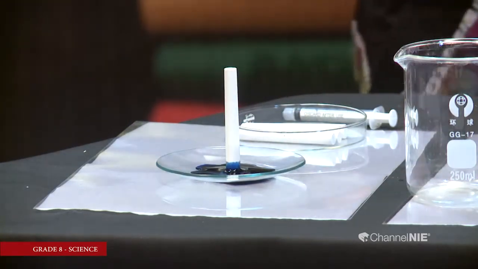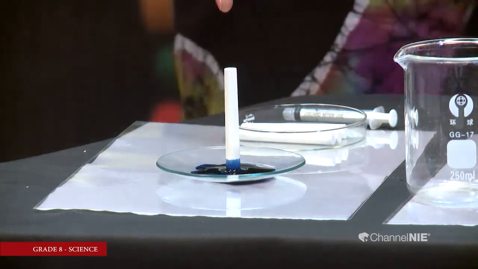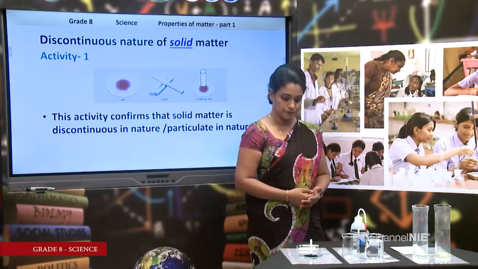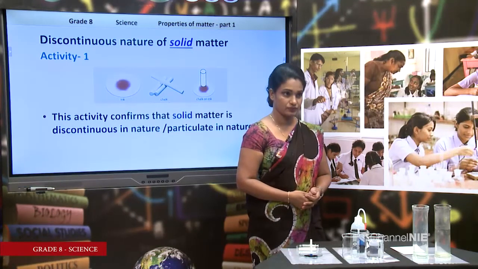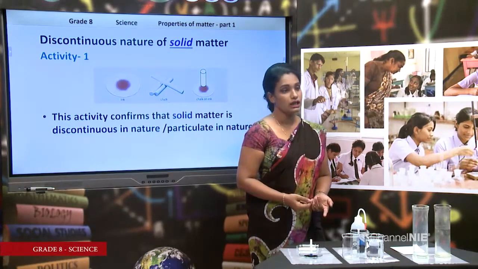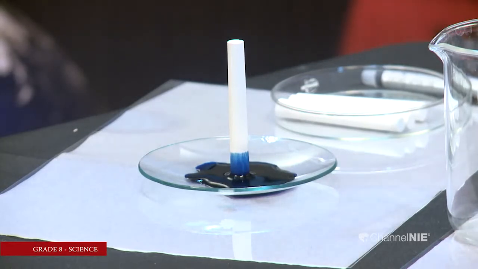Now, can you see, if you clearly observe, now you can see blue color is coming up through the chalk. So, as a science student, now you can explain this. How you can explain this?